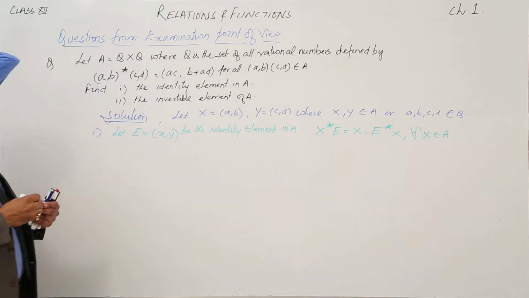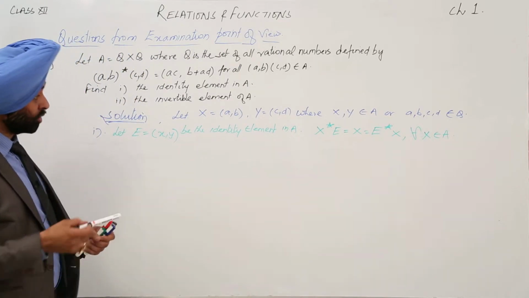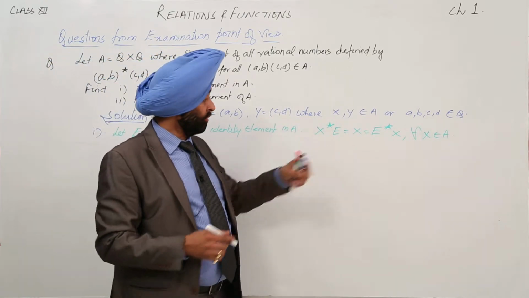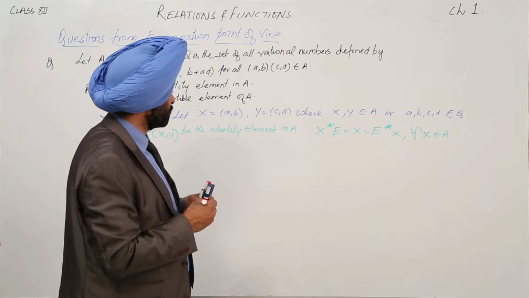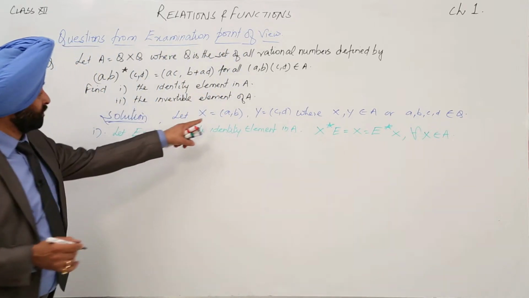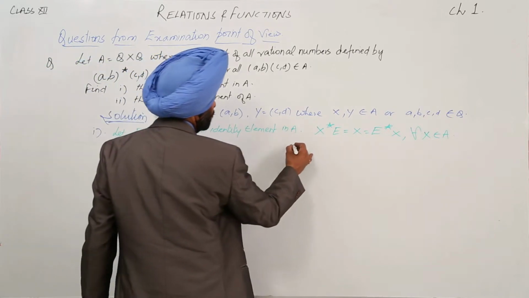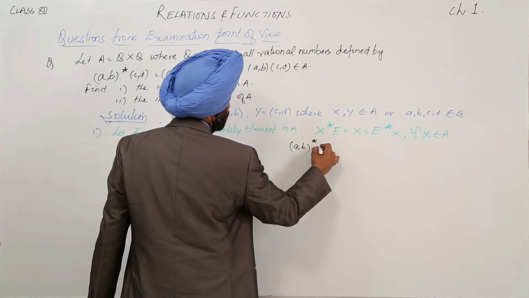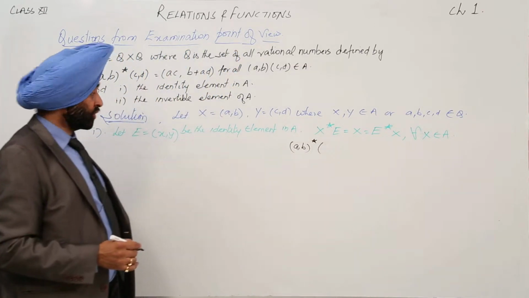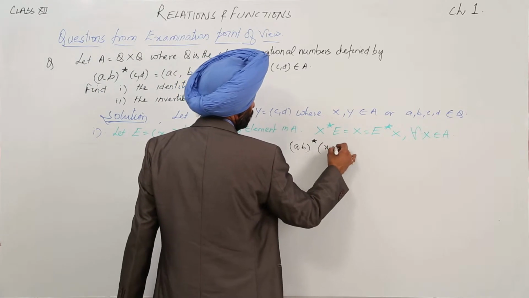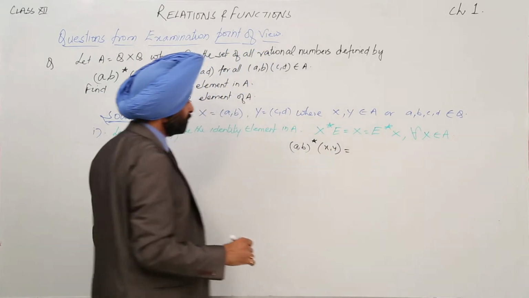Now we have X * E = X. First of all, X is what? X we have written as (a, b). Now we can write (a, b) binary operation with E, and E is (x, y).